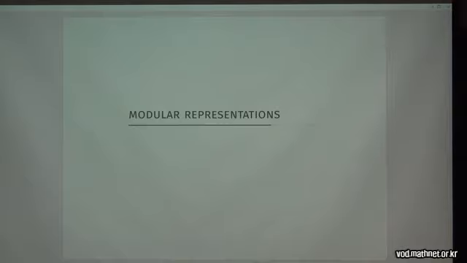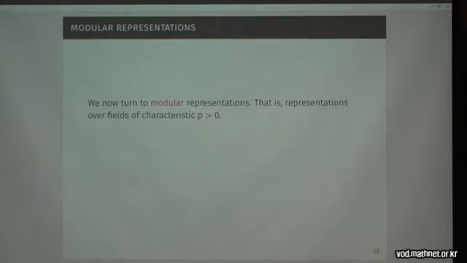And so now in the last 20 minutes or so, I want to talk about modular representations. So remember, I gave this example at the start of the lecture where if we take this representation of the symmetric group on 3 letters, in characteristic 0 it's semi-simple, and in characteristic p it is not semi-simple anymore.